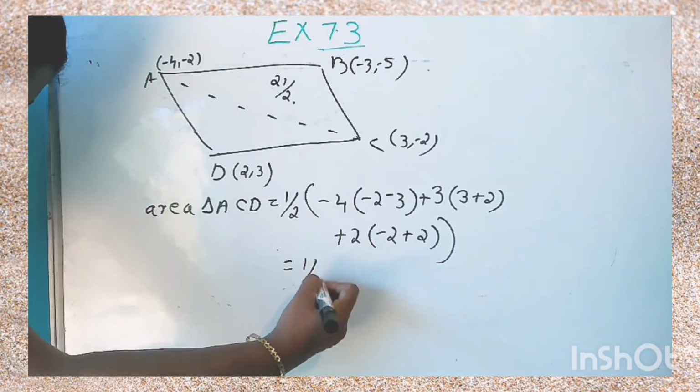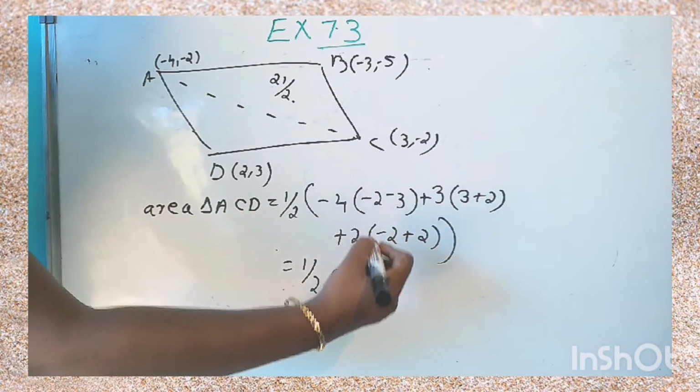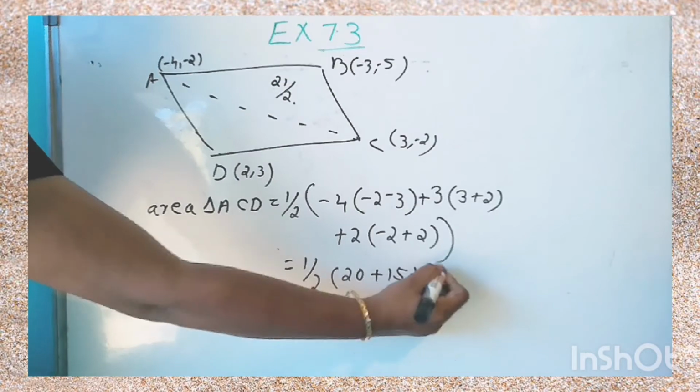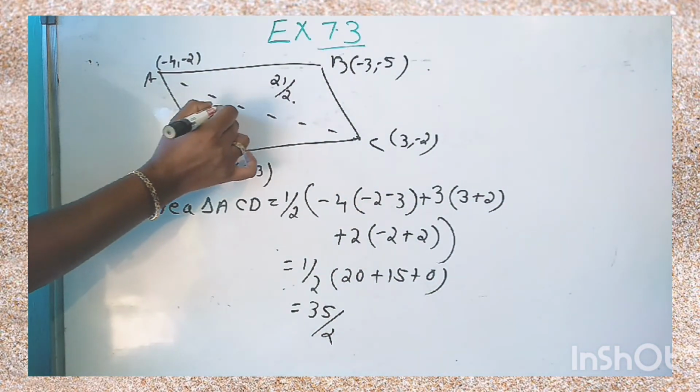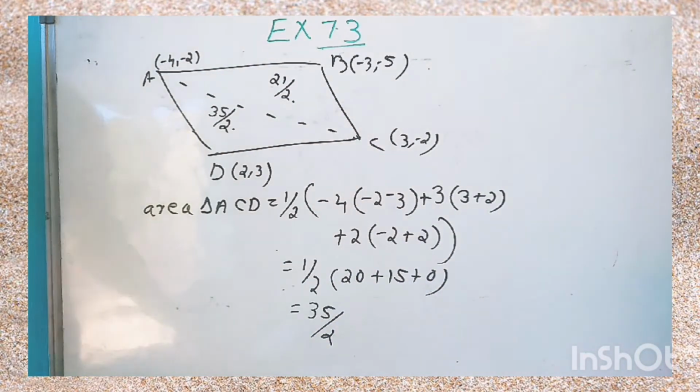That is equal to half into 20 plus 15 plus 0, that is equal to 35 by 2. So the area of the triangle ACD is 35 by 2.